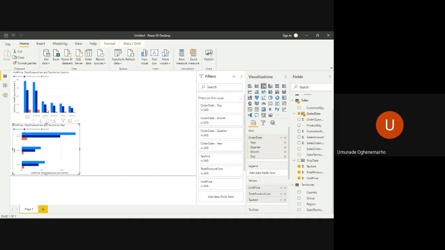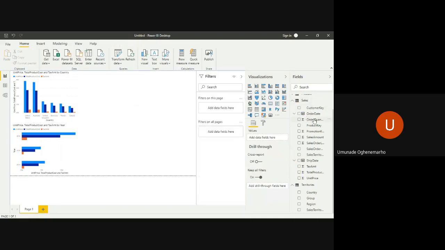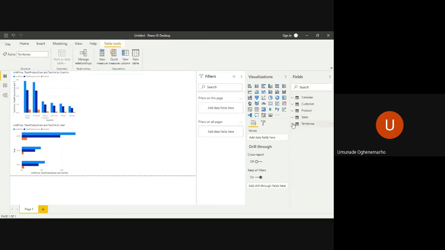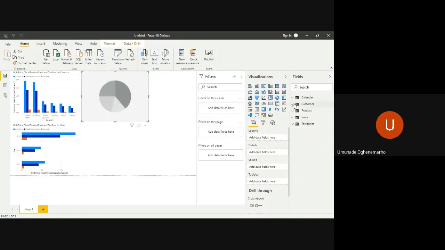So we've done two charts. Now we'll get the next one. Now we'll categorize our colors for our categories.